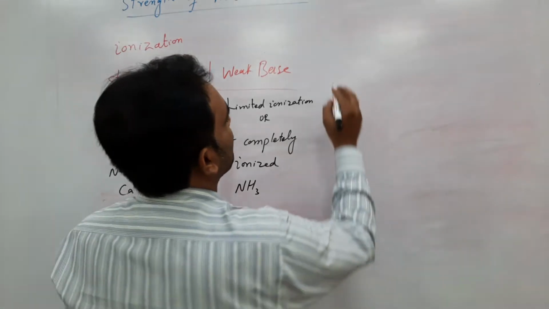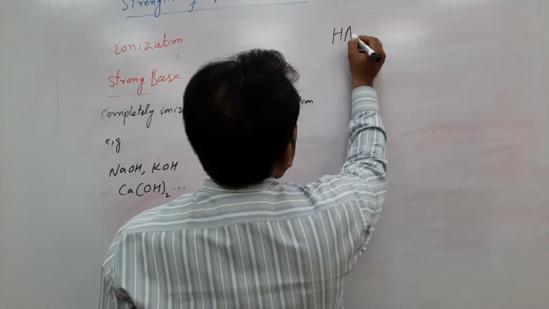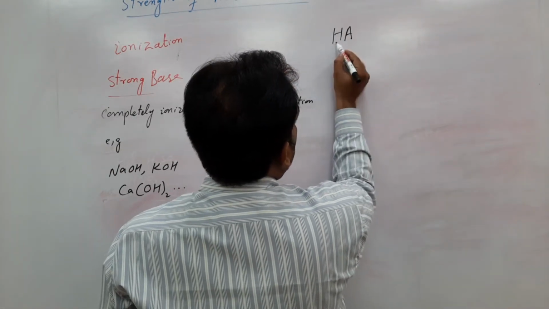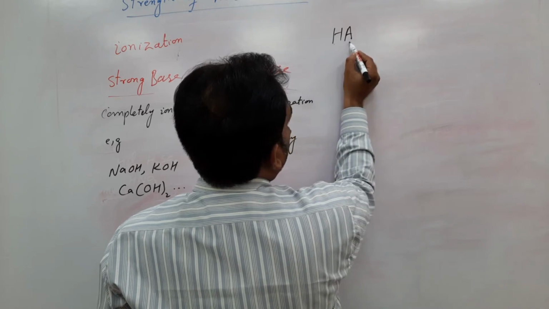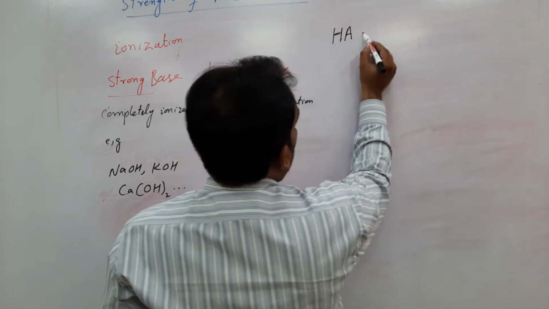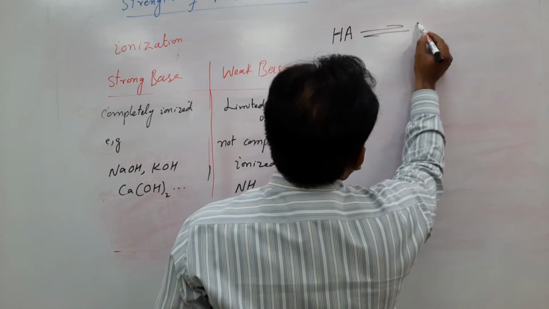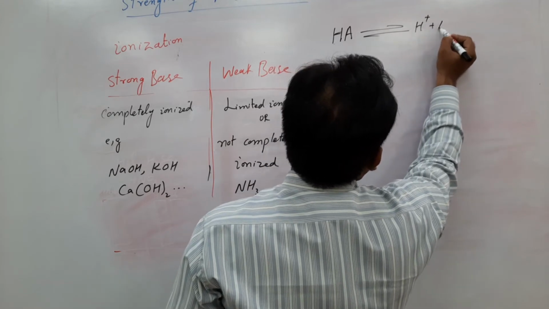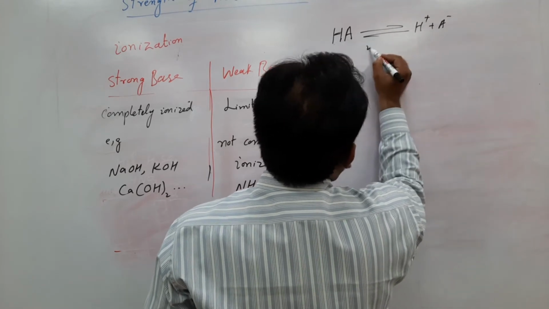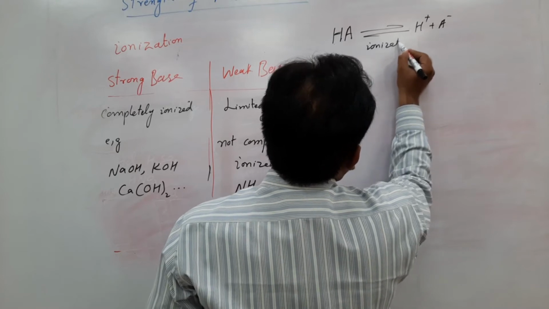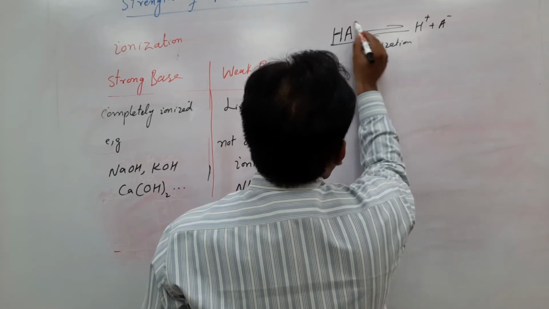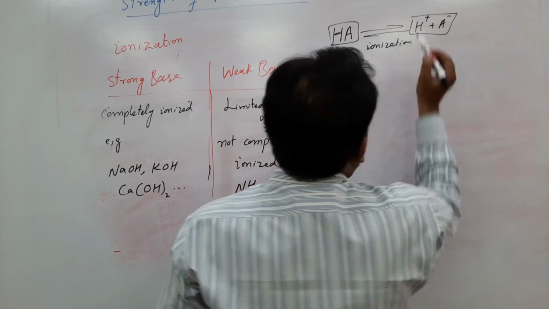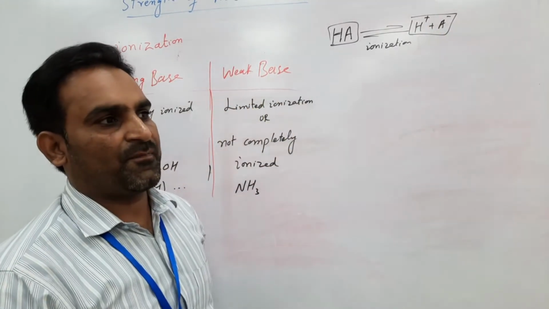Suppose you have this sort of compound, HA, hydrogen and its anion. When you ionize it, it will give you H plus and A minus. This sort of process is called ionization. Conversion of a compound into its ions is called ionization.